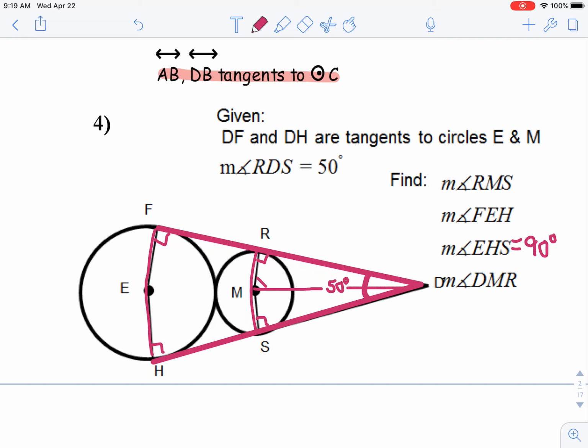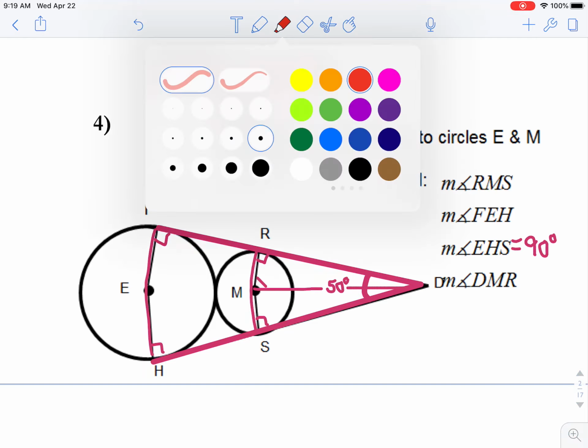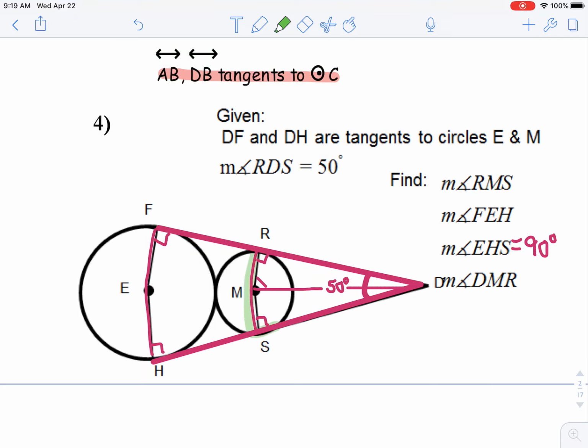Using the same logic as before, these are angles that help these four-sided shapes, these quadrilaterals. So we focus in on this quadrilateral. We got, again, 360 minus 50 minus 90 minus 90. That's actually going to leave us a little bit more than last time. That's going to leave us with 130 for RMS.